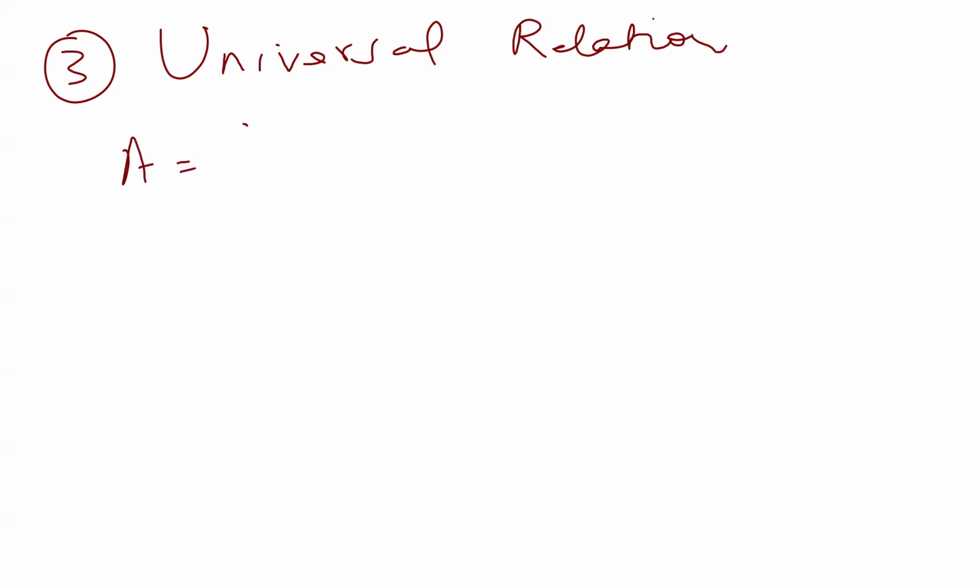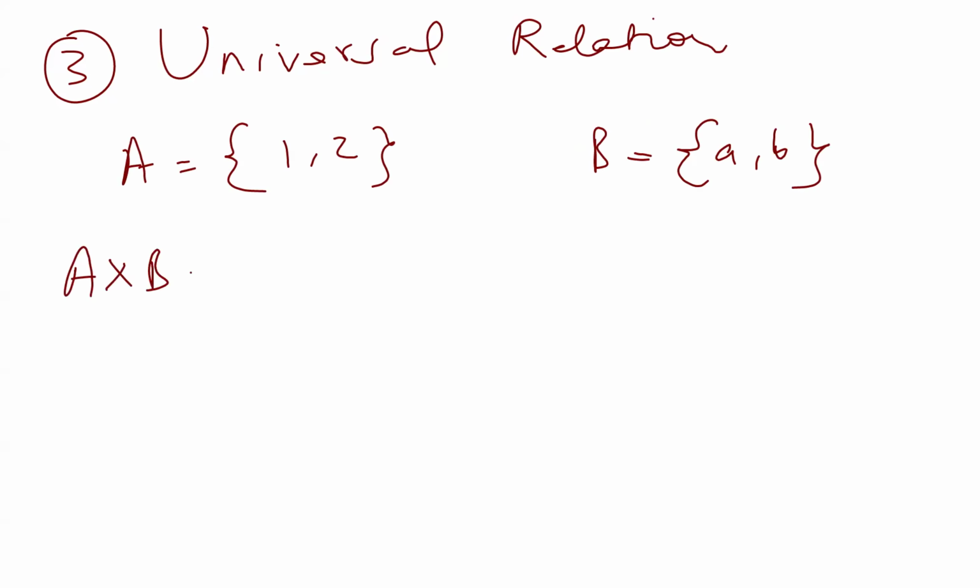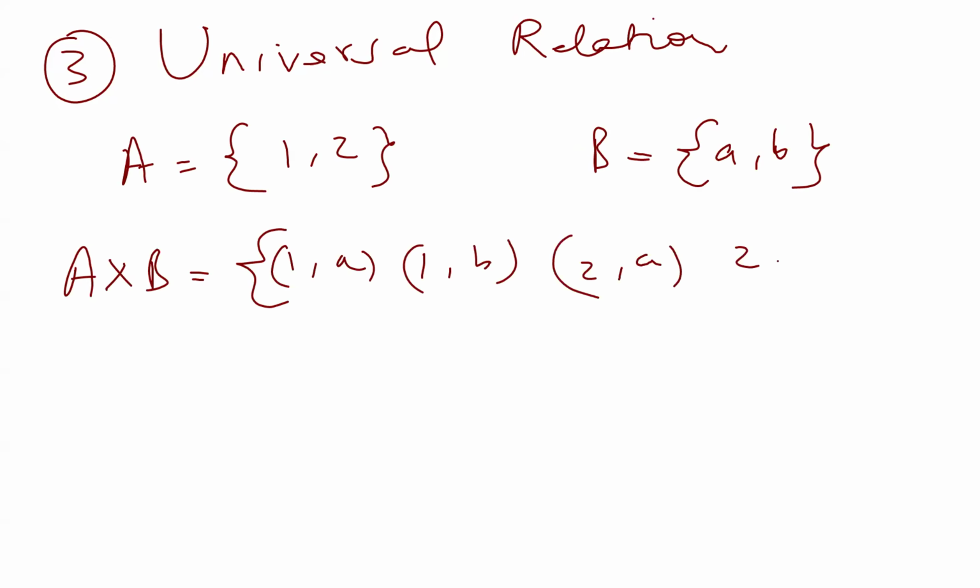So if A is equal to {1, 2} and set B is equal to {a, b}, so A cross B is equal to (1, a), this is the Cartesian product, (1, b), (2, a), (2, b). Fine.